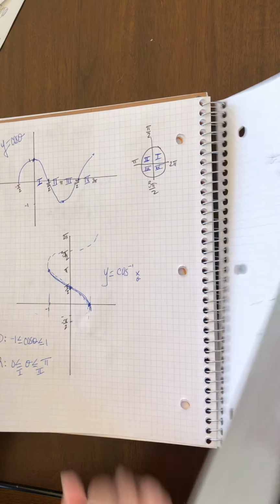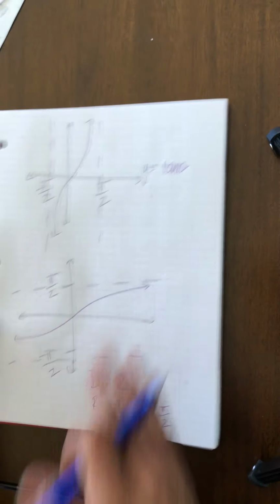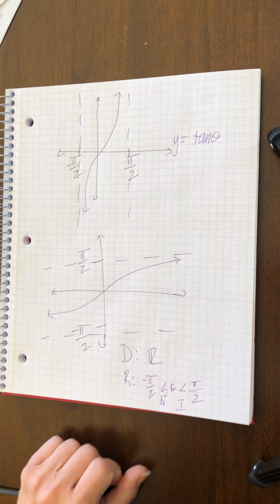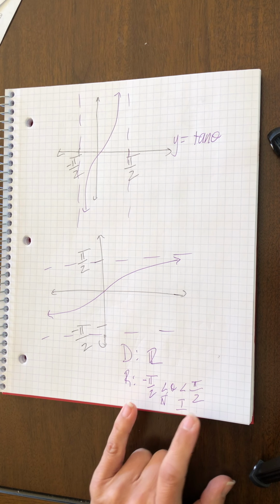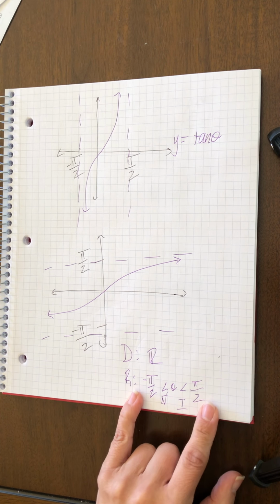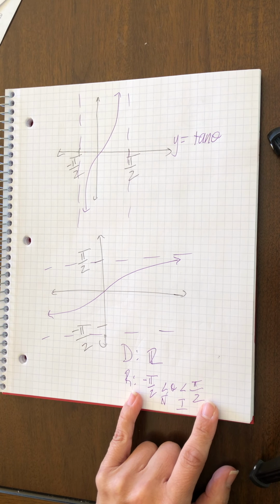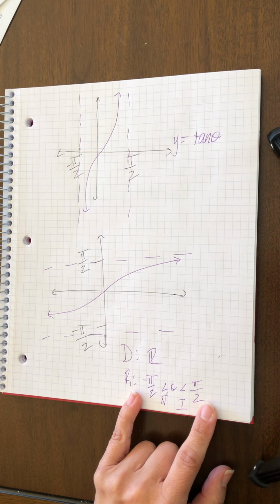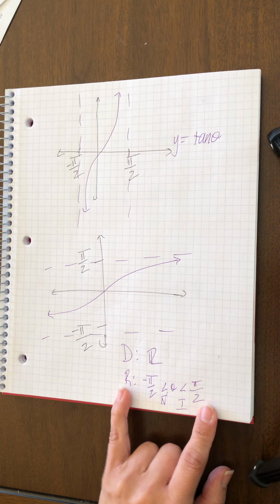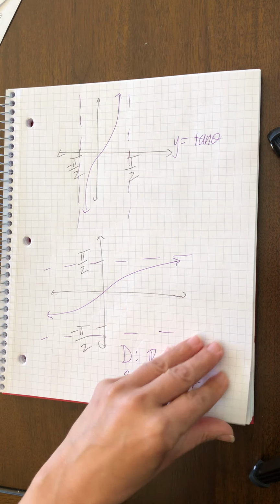What quadrant allows me to have a negative tangent? The range is between negative 90 and positive 90, negative pi over 2 and positive pi over 2. If radians are tough, do degrees for now and just practice.